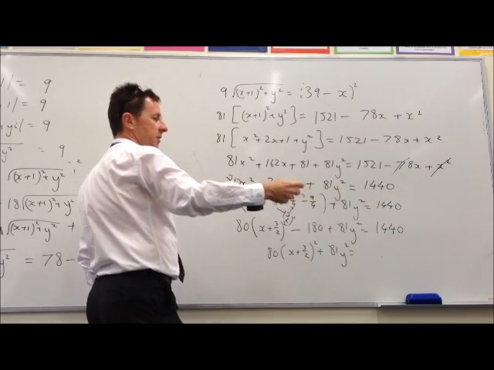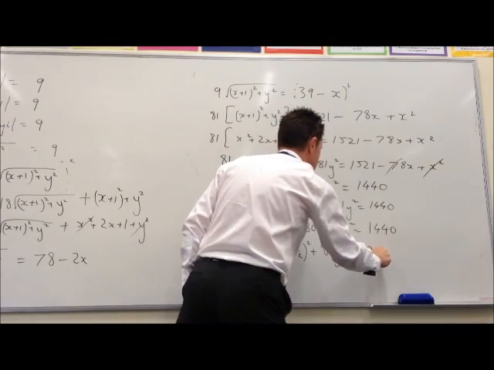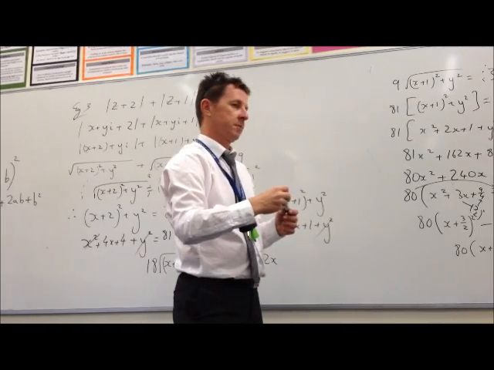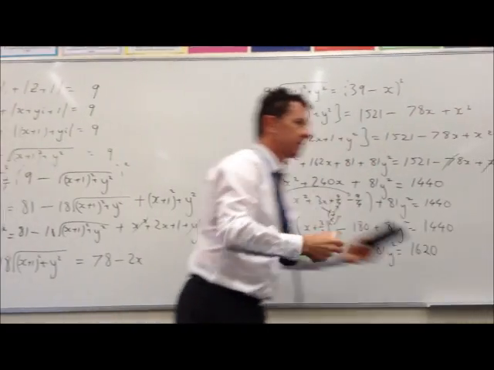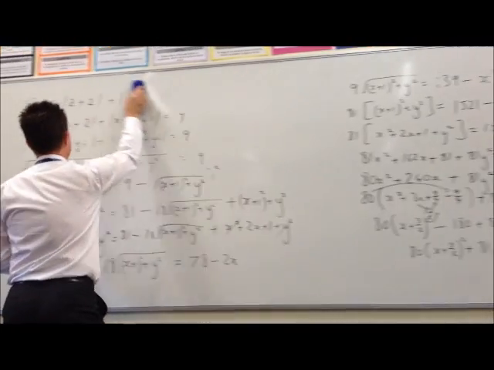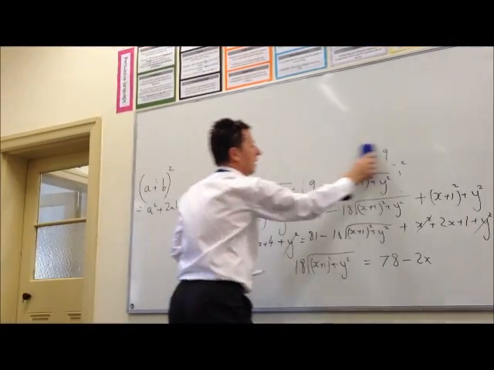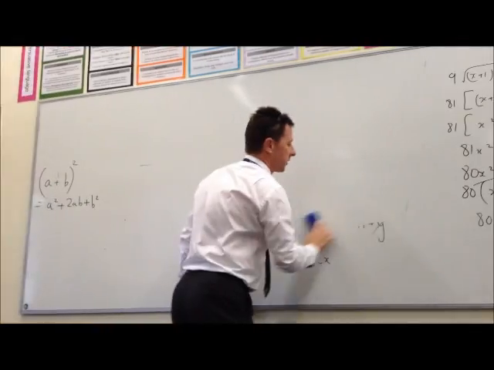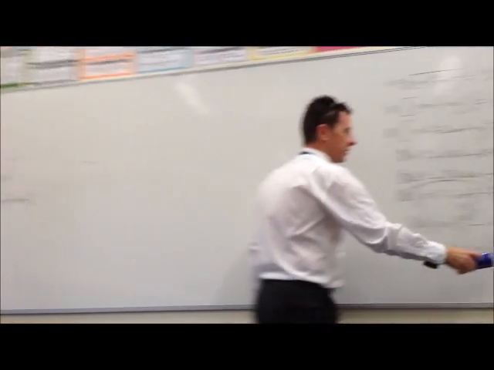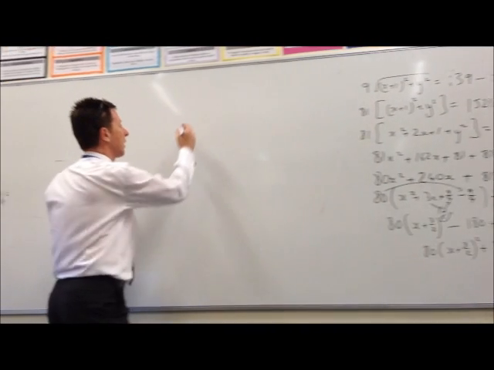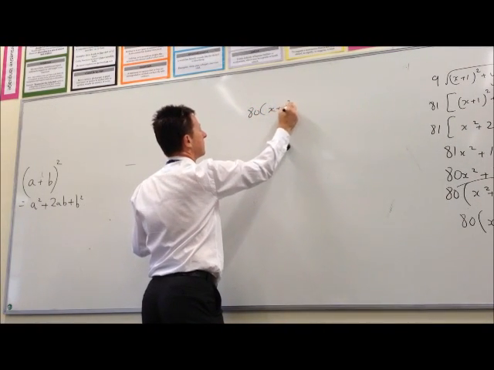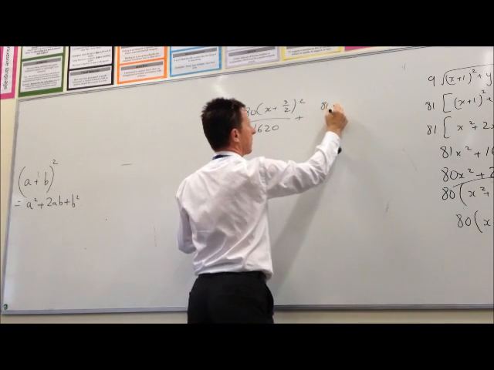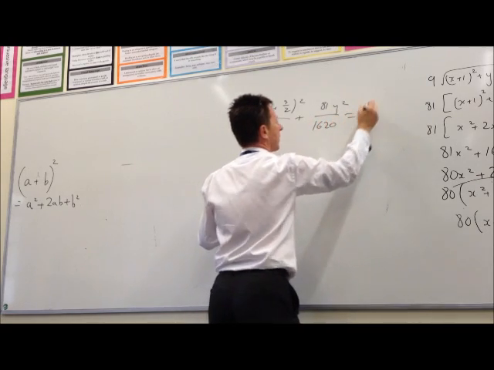Add 180 to the other side is 1620. Keep going. Divide everything by 1620. And it equals 1.